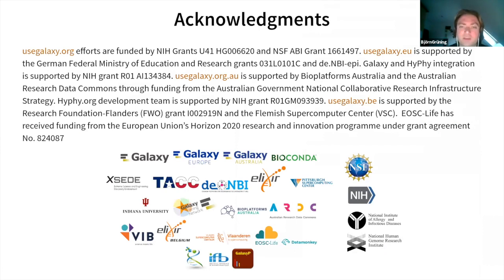There are a lot of partners in the US and Australia that were supporting all these infrastructures. I'm sure in Spain, CRG and so on. There are big funding initiatives behind these free infrastructures that we need to sustain over the next years. So a big thanks to all of that. Yeah, and with that, thanks.